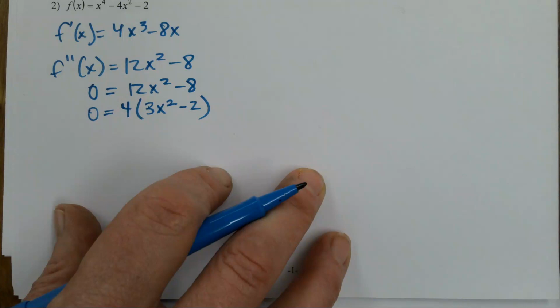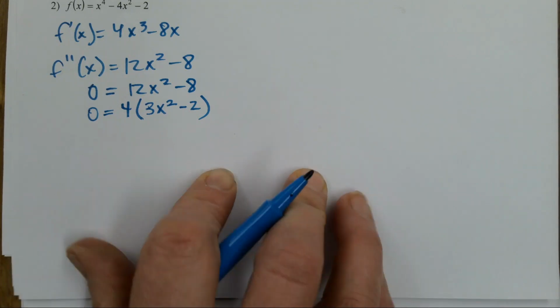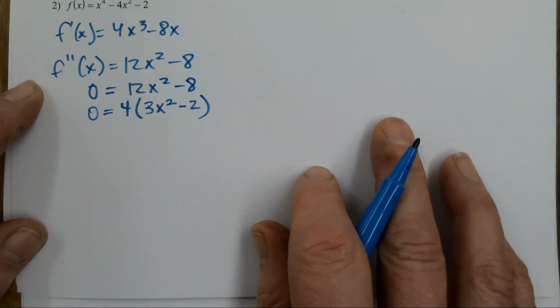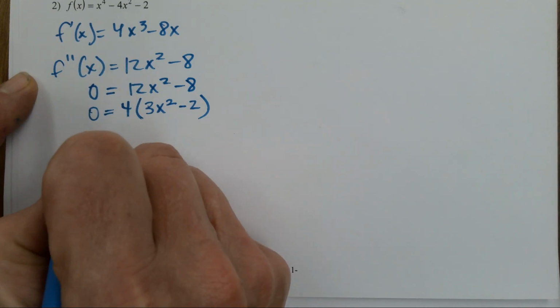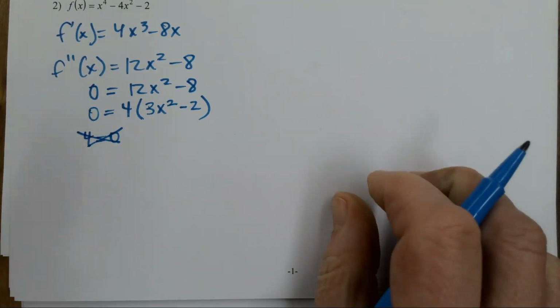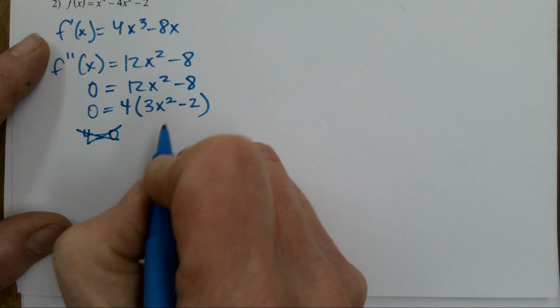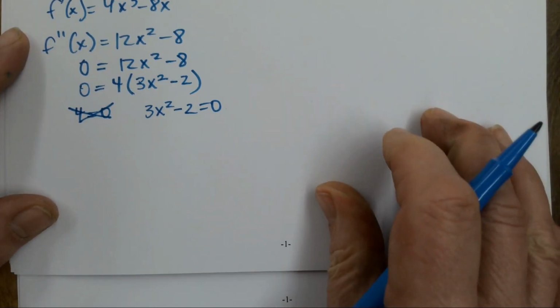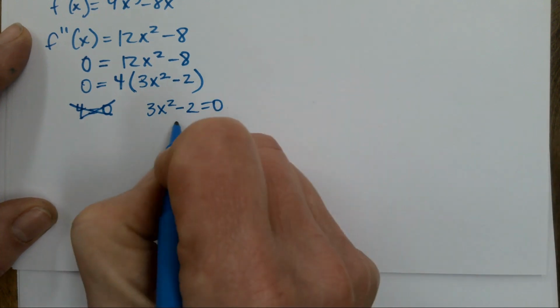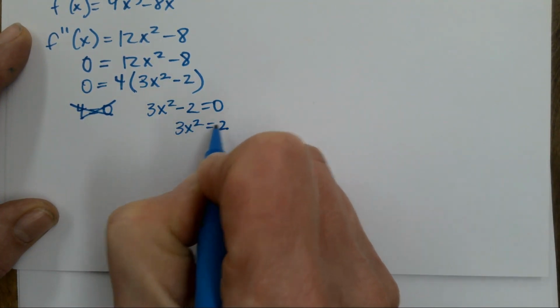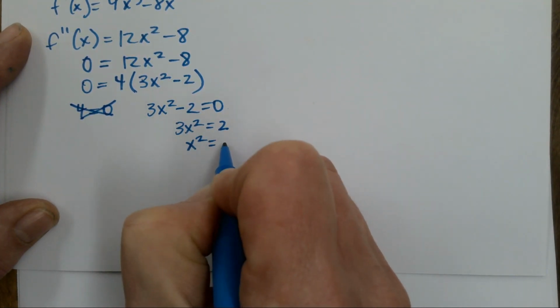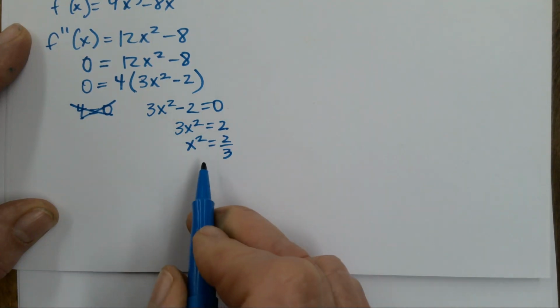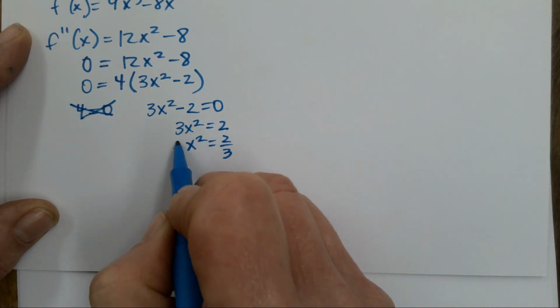So I'm going to set my factors equal to 0. Well, 4 will never equal 0, so non-issue. 3x squared minus 2 will equal 0 when I add 2 and divide by 3, and then take the square root of both sides.